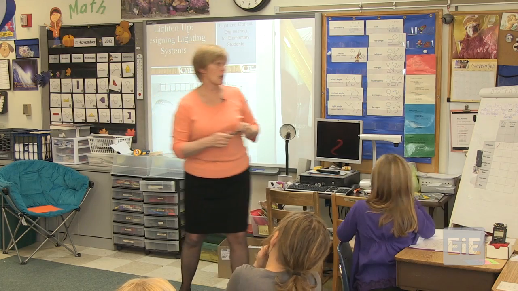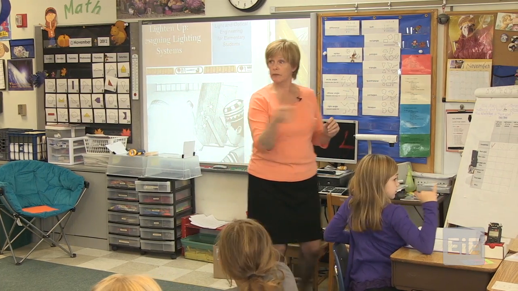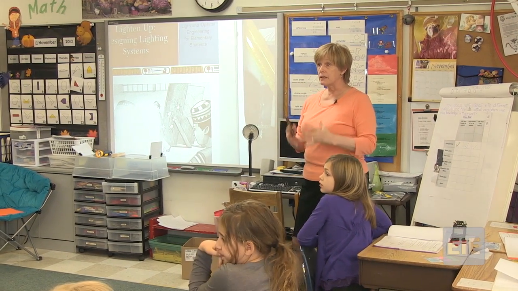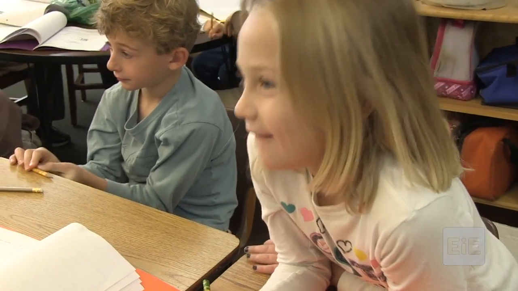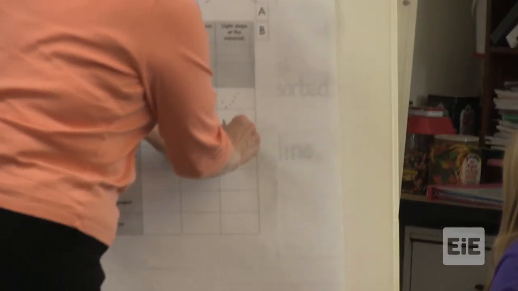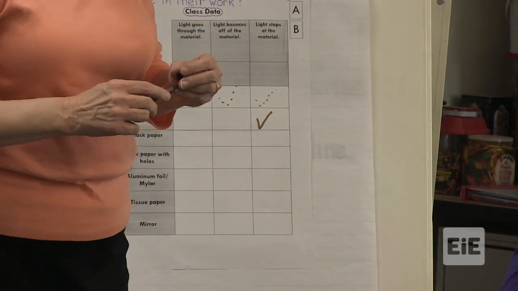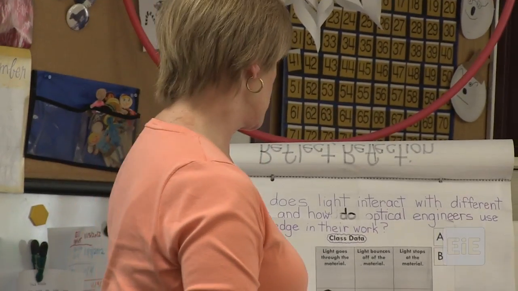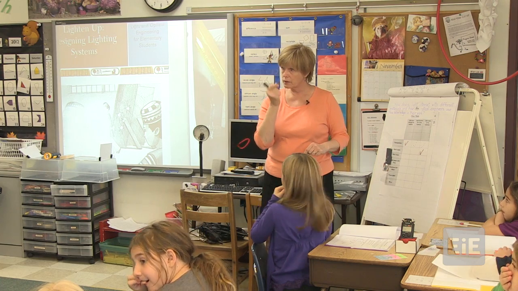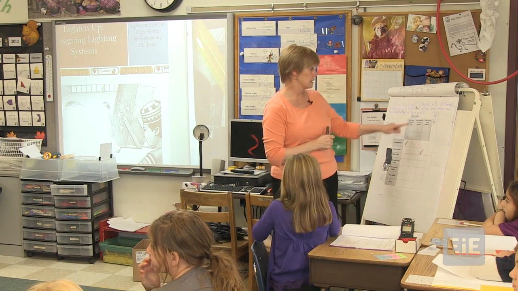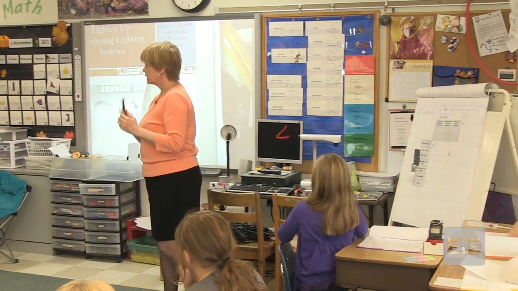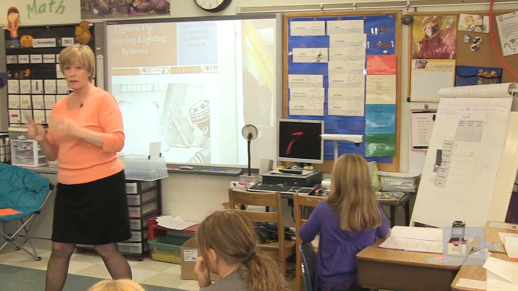Does everyone who had the black paper agree that it stopped at the material? Yeah. Okay, so did any of you who had the black paper feel it went through it? No. Did you turn it around and look? Did you see it bounce off the material? Did it bounce off and shine light on something else?